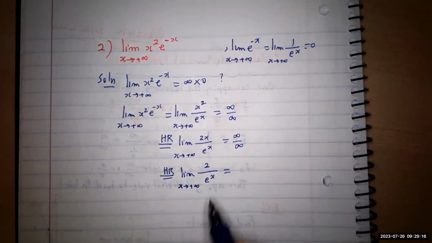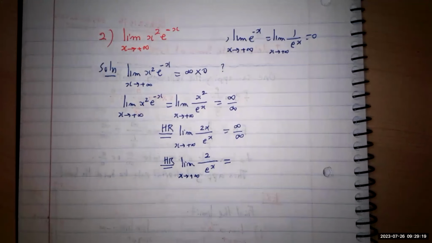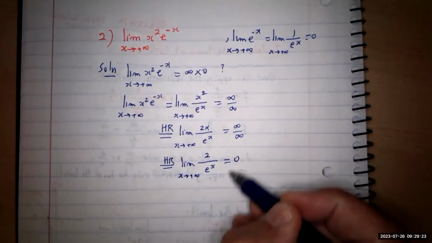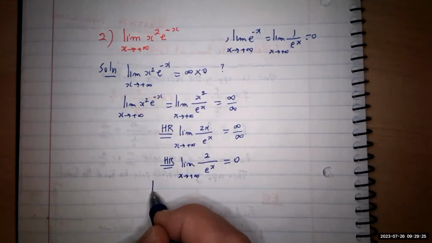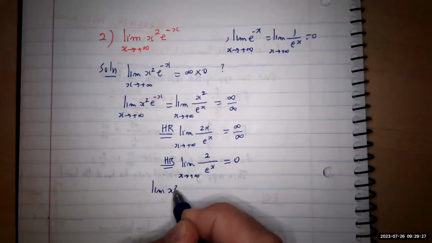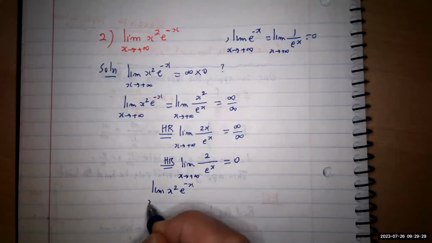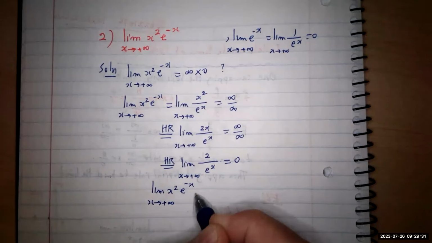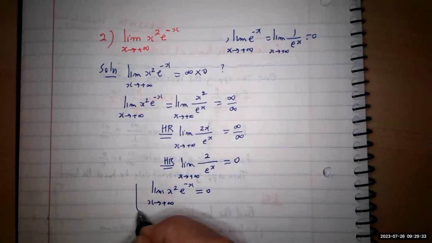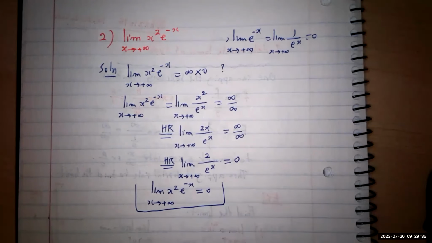Now you have a number on the top and infinity on the bottom, so the result is going to be 0. So the limit of x squared e to the negative x as x goes to positive infinity is also 0.